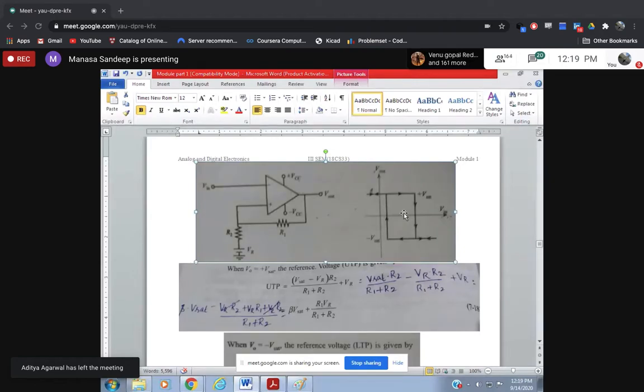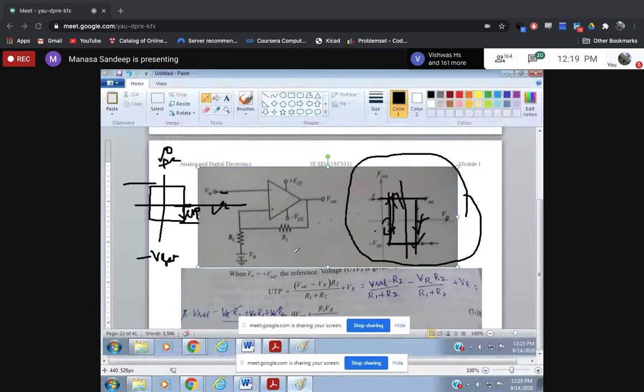The origin is shifted, so you can see here the hysteresis curve is shifted towards the right side, correct? Why? Because the reference voltage you have applied is positive VR. Ma'am, why positive VR? You can see here, you have the positive, correct? Let me just show you. Here only it is there. You can see positive voltage is what I'm applying, so that's why it has shifted towards the positive.